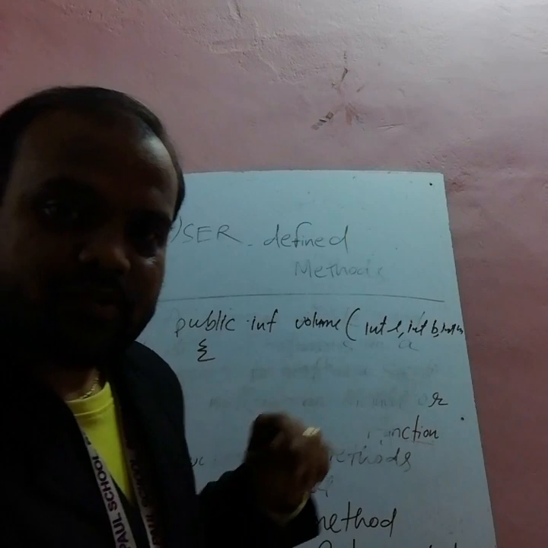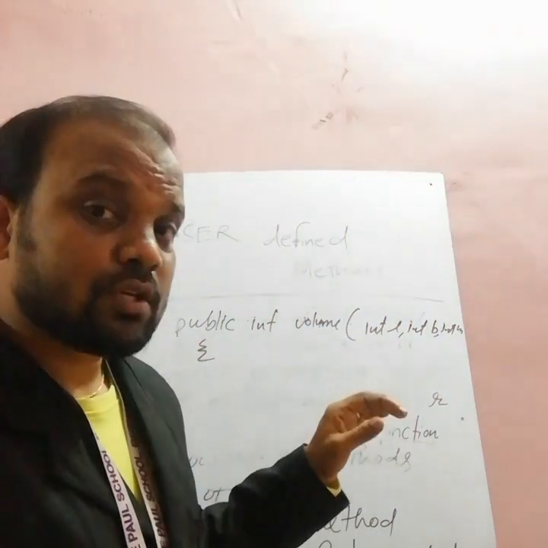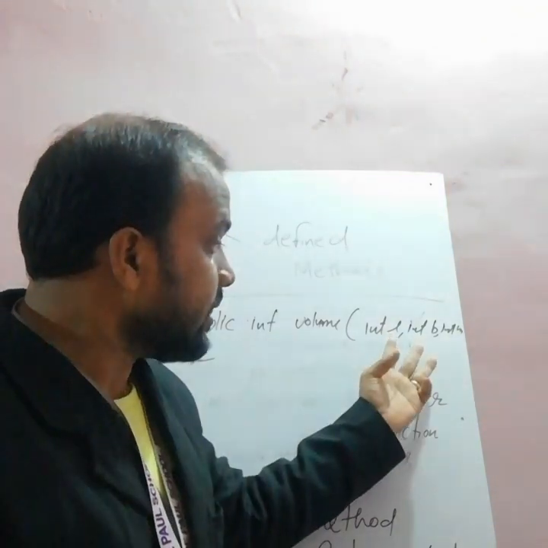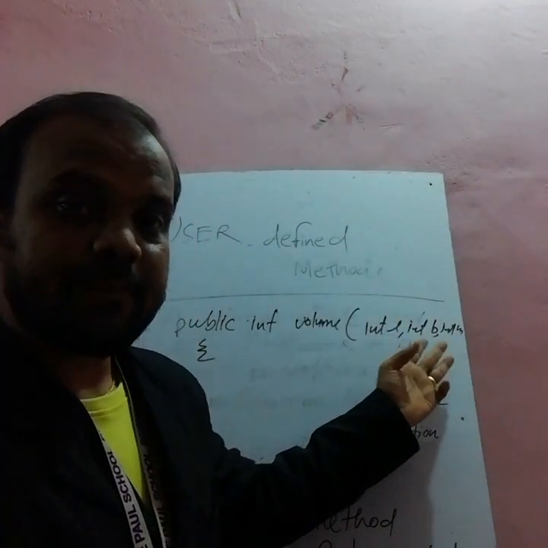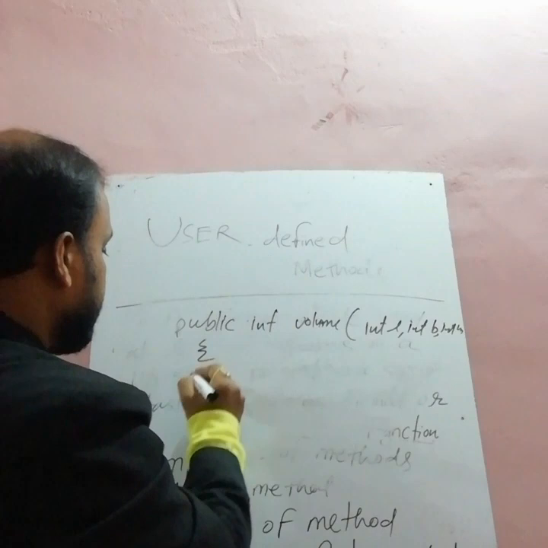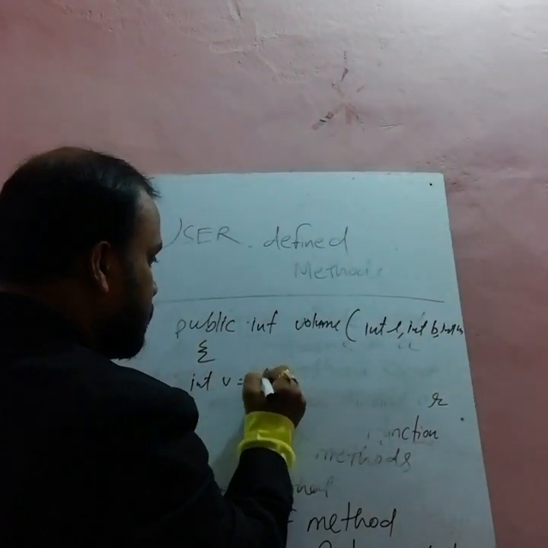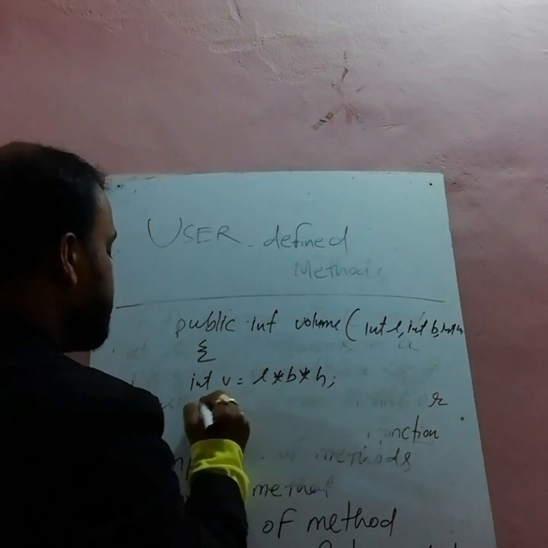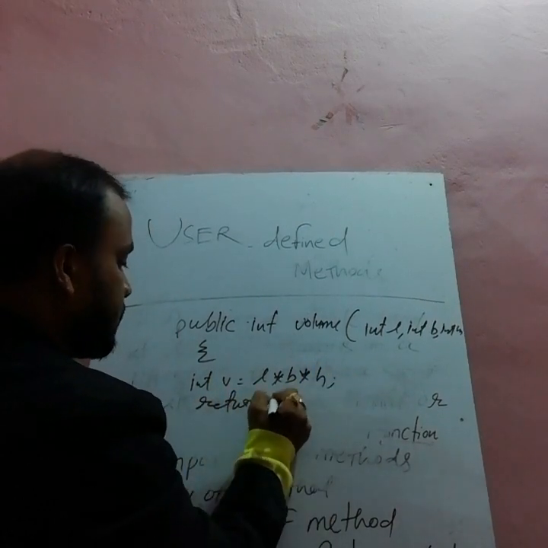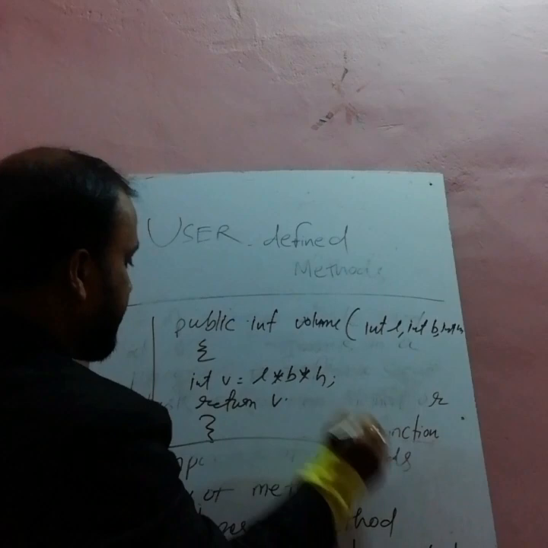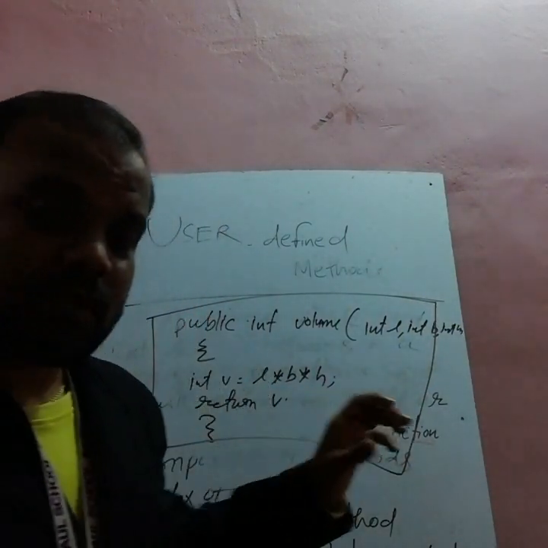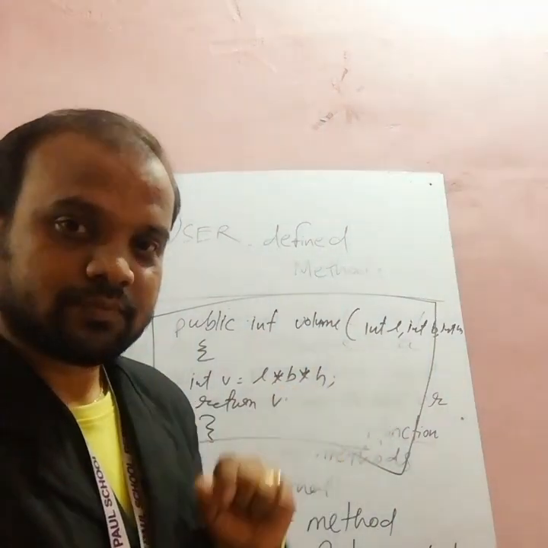Here the function name is volume, the return type is integer, and it can take 3 parameters L, B, H. Clear? Now int V = L * B * H; return V. So this is the logic part, the formal part.